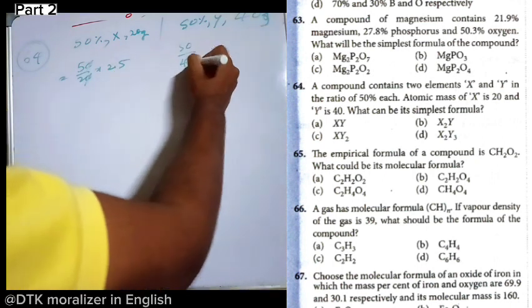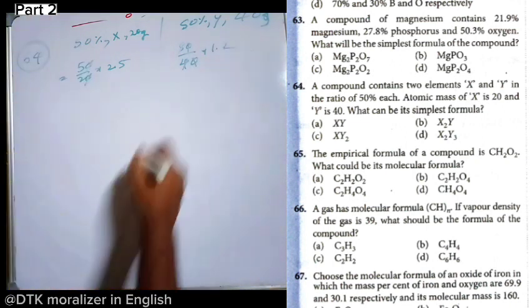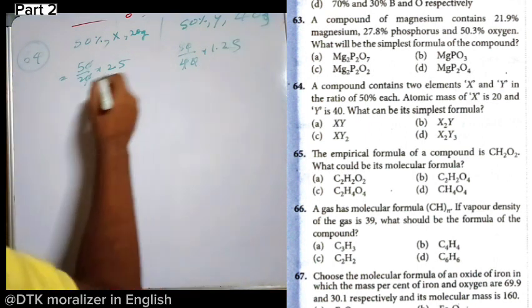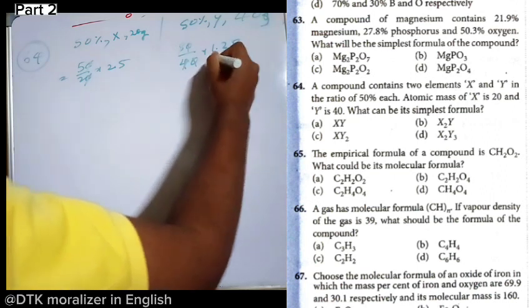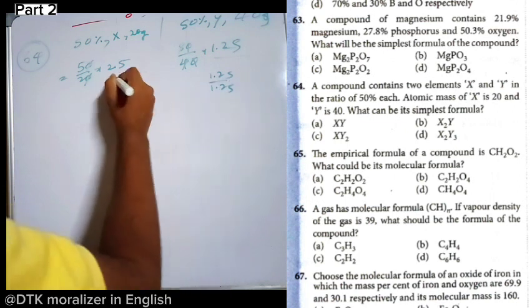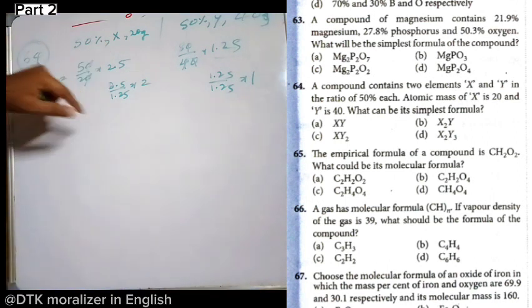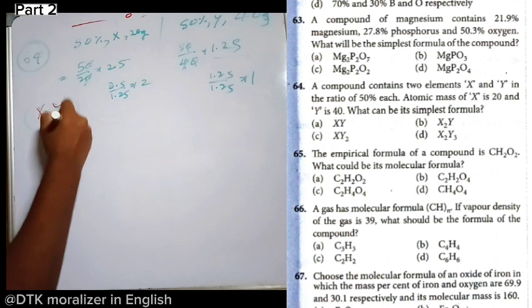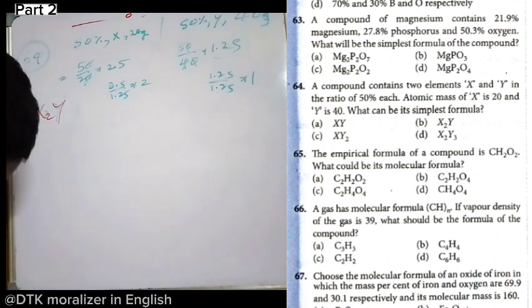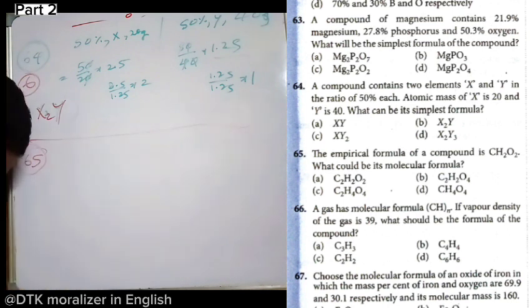So we are taking the percentage by atomic weight, which gives 2.5 and 1.25, and the relative ratio is taken. So X to Y. So answer B.